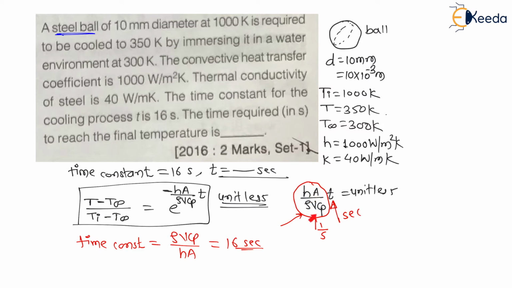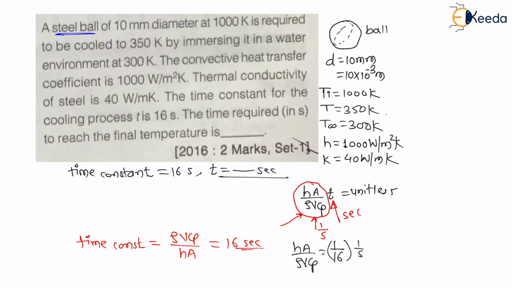The reciprocal of 1 upon second is second. Therefore hA divided by rho V Cp is 1 upon 16, with unit 1 upon second. So this complete term is given, all the temperatures are given, and our target is to find this time. Let us use this formula and find the time.